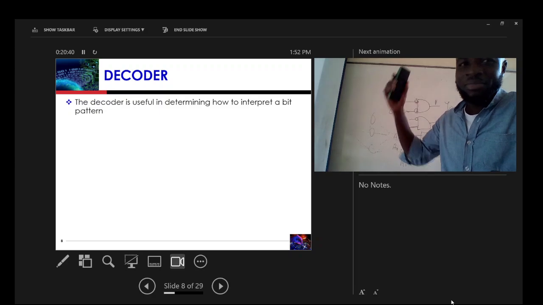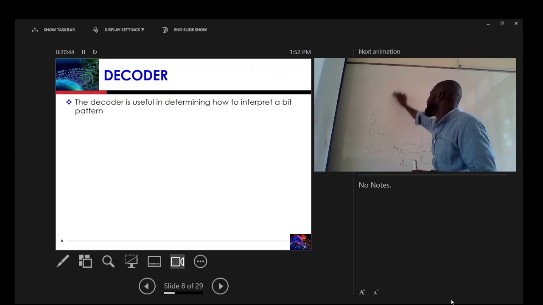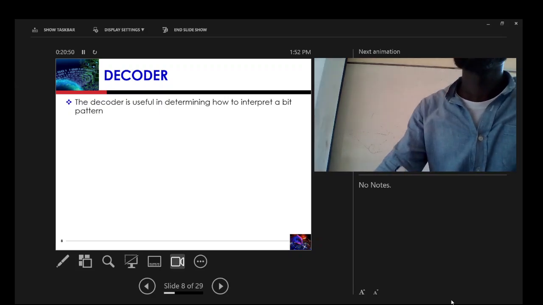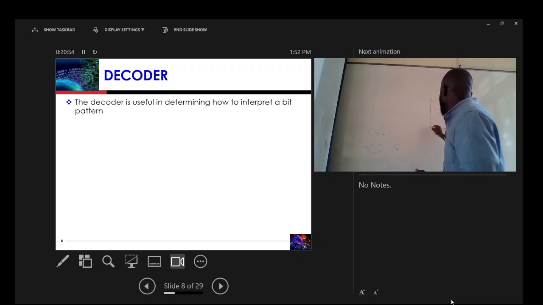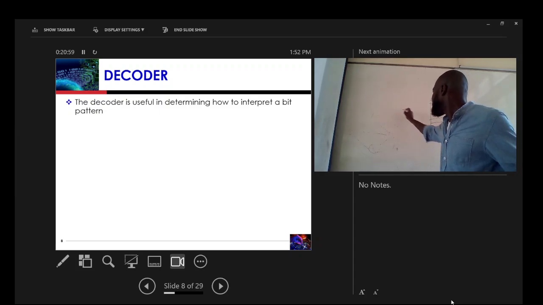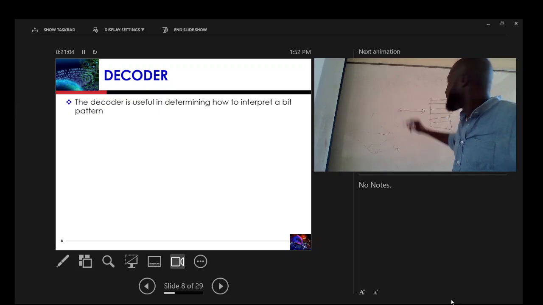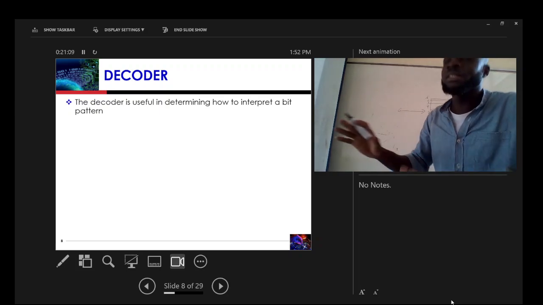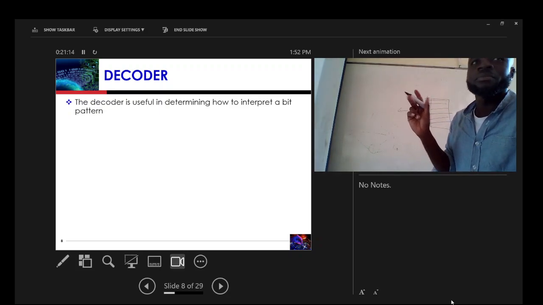Let's see something like this. If you take memory, I drew memory like this, and I said there's only one line to it. It means that we have addresses. When we take memory like this, you can only read from one location at a time.